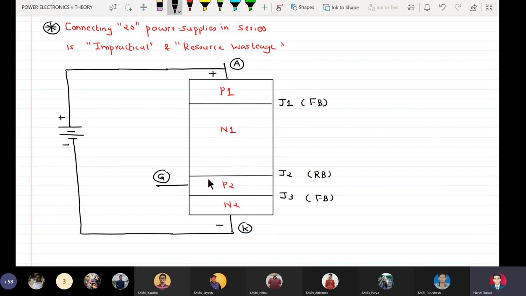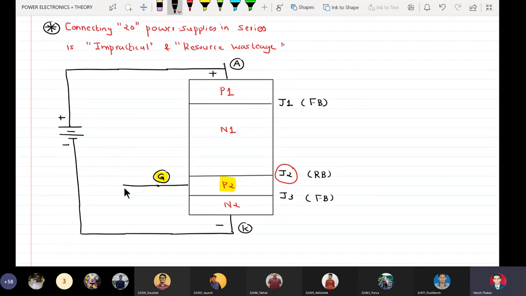Okay. So now the gate terminal, now listen carefully. The gate terminal is nothing but connected to the region P2, which is p-type material. So now the reverse bias on junction J2 has to be increasingly neutralized or nullified by applying an increasing positive potential at G. So what we do is that I try to forward bias the P2 region. How? By connecting a positive plate of battery. So now I have to add another voltage here.